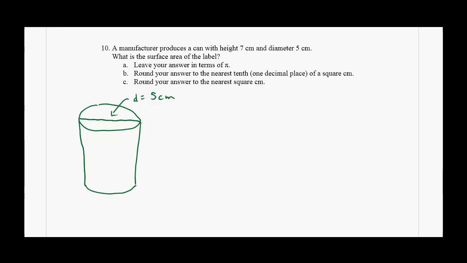Remember, our formula for the surface area of a cylinder provides us with radius. So we'll have to divide the diameter in half. The height of the label, or of the can, is 7 centimeters.